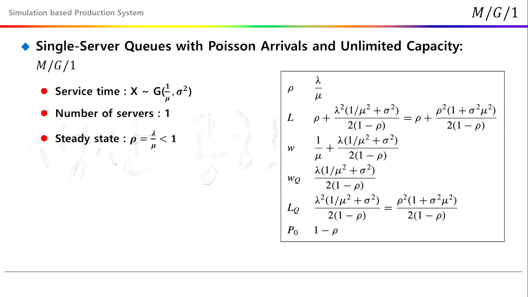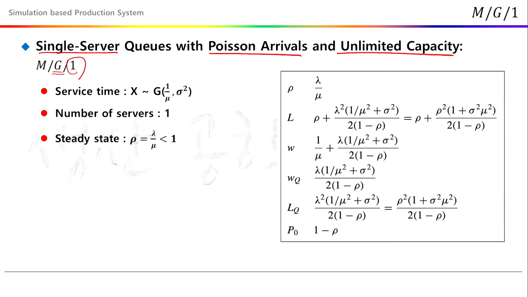Okay, the first model is the M/G/1. It means a single server with Poisson arrival distribution and unlimited capacity. Then you can see the G written here.